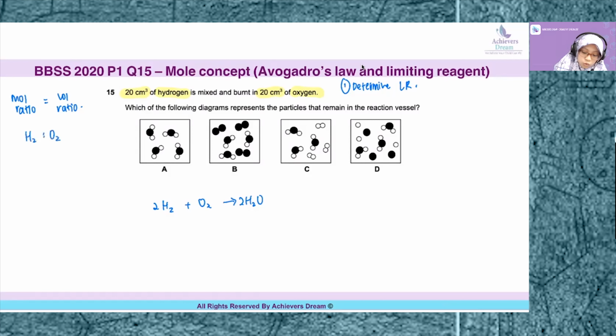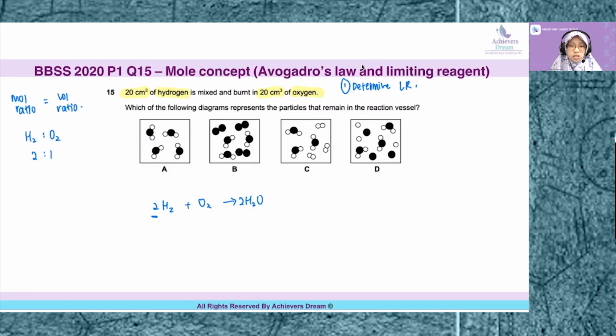H2 is to O2. Based on the balanced chemical equation, the mole ratio is 2 is to 1. Not 2 is to 10, I removed the 1 just in case you get confused. 2 is to 1.